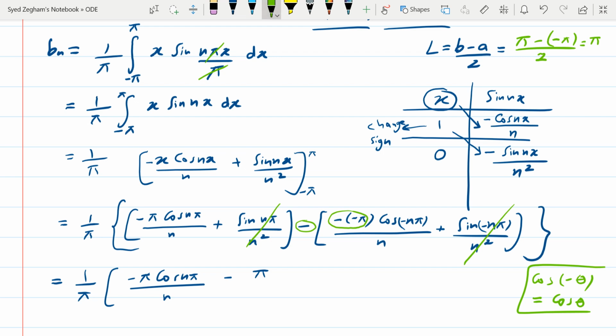Here, cosine of minus n pi, using the property which we have written just now, will be the same as cosine n pi, divided by n.